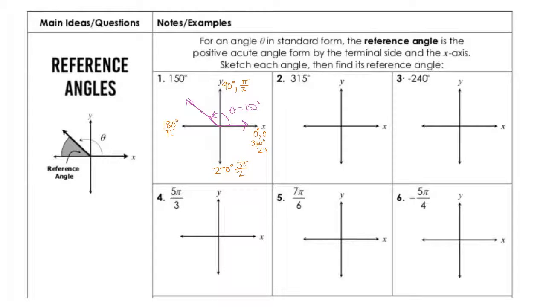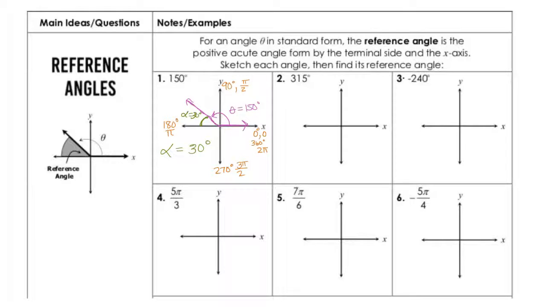So what they talk about when they're wanting a reference angle, that reference angle or alpha is talking about the angle inside here. That's going to be your reference angle, in which we can look at that and pretty much will reason that, hey, that's going to be 30 degrees, isn't it? That's got to be your reference angle. So here, again, alpha, that's going to be 30 degrees. Does that make sense why it's 30?